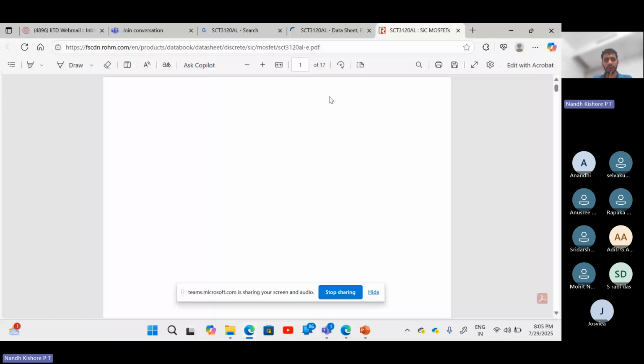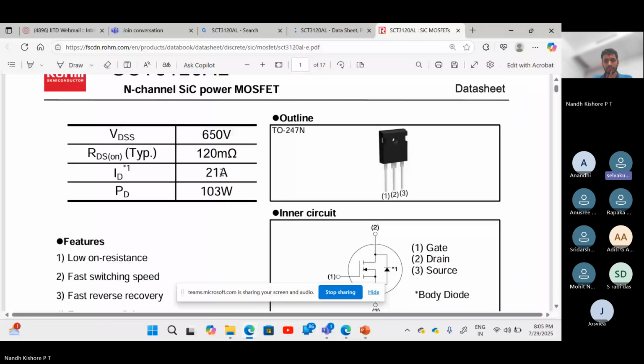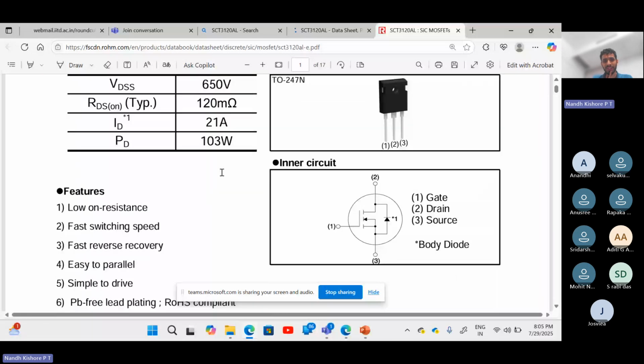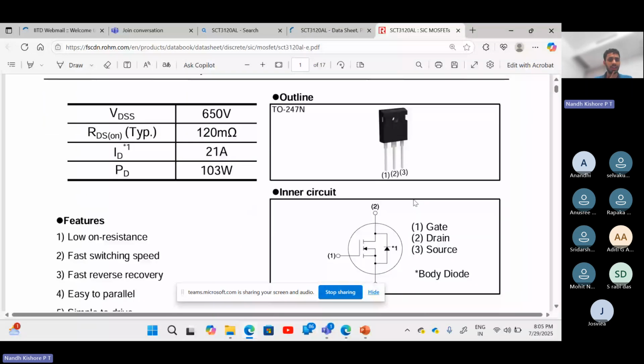So are you guys able to see the data sheet? It's a 650 volts rated 21 ampere device. See, and some packages do not come with Kelvin source. See, this has only 1, 2, 3. It doesn't have the Kelvin source. Some packages come with Kelvin source. So it totally depends on the manufacturer and the device package.